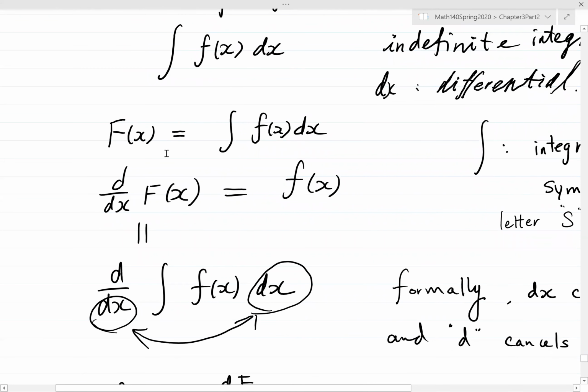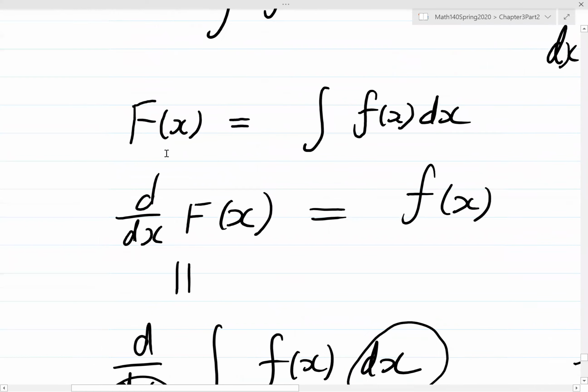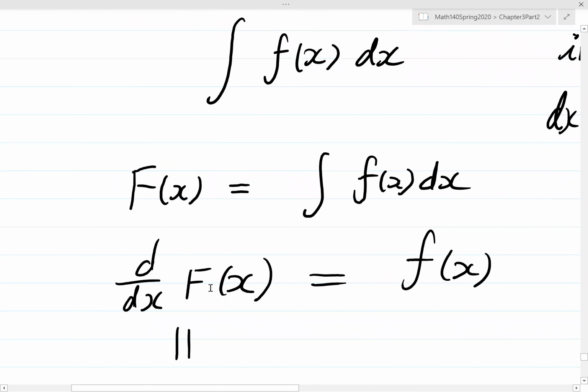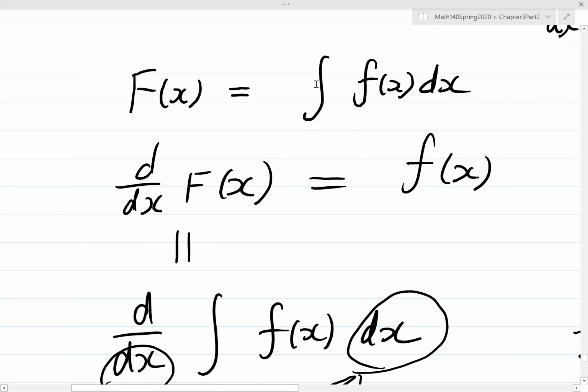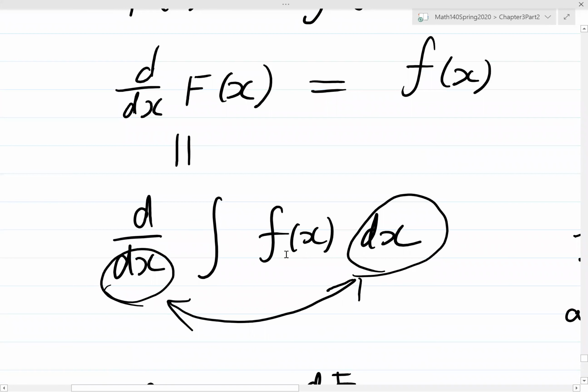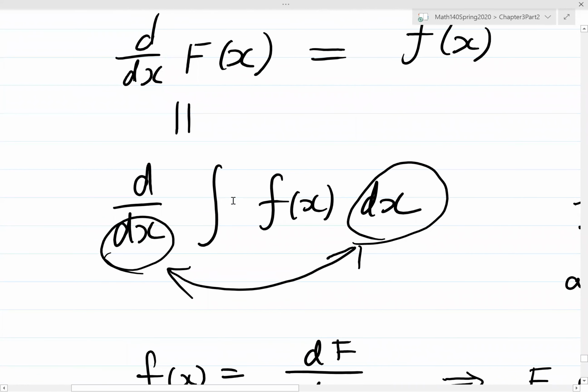If we let capital F(x) be the antiderivative of little f, then by definition, taking the derivative of capital F, we should get little f. Now, if you substitute capital F by this indefinite integral, what we get is d over dx of the integral of f(x) dx.